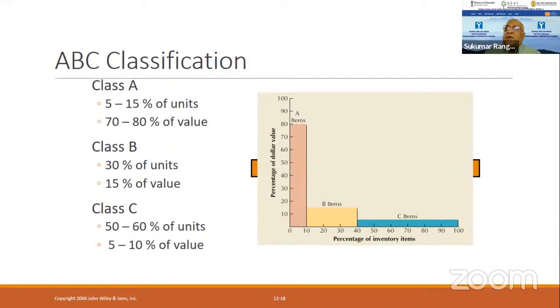ABC classification. This is one of the most commonly used classifications, which says that, let us say, 15% of the units or items have 70 to 80% of the value. Sometime earlier we talked about Pareto analysis. It is something like that. Class B items, 30% of the units, have about 15% of the value, and the remaining 50 to 60% have only 5 to 10% of the value.